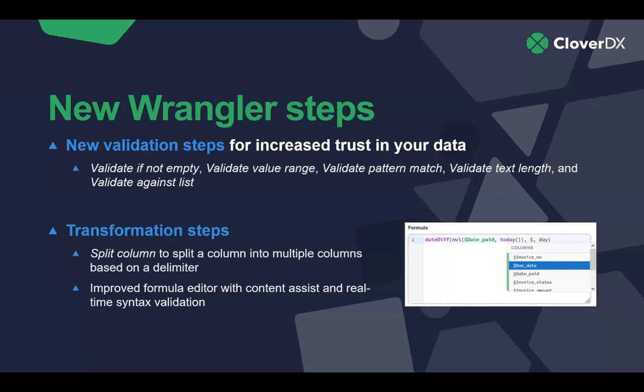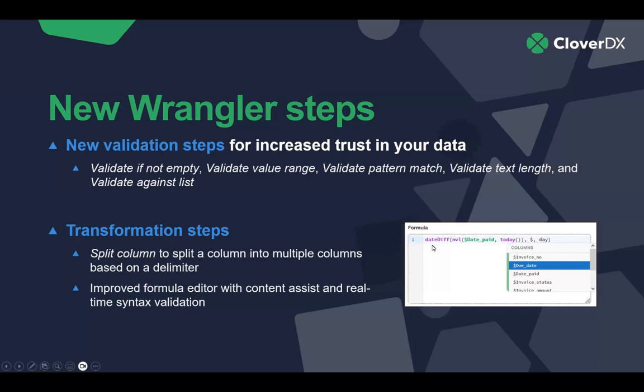At the same time, we worked on improving the user experience for writing formulas, because while Wrangler is essentially a no-code tool, you may still need to write formulas in some cases, like for example in here where we are calculating the difference between when the invoice was paid and today. Our new formula editor is much more powerful. The syntax highlighting is much better than it was before.